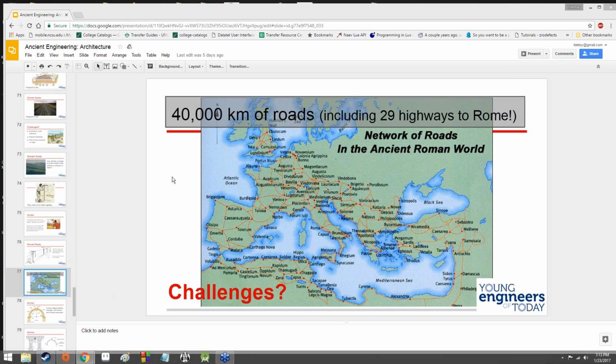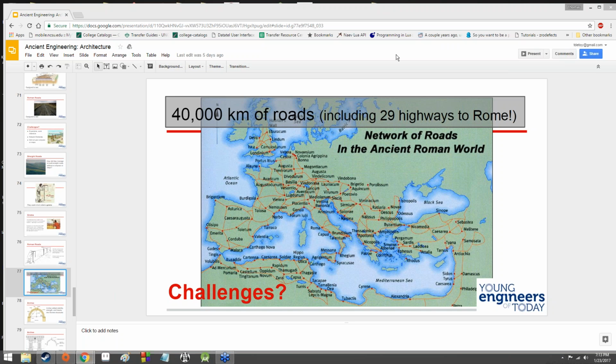Does anybody know offhand roughly how long it is from coast to coast on the U.S.? Okay, well, it's about 3,000 miles, roughly.